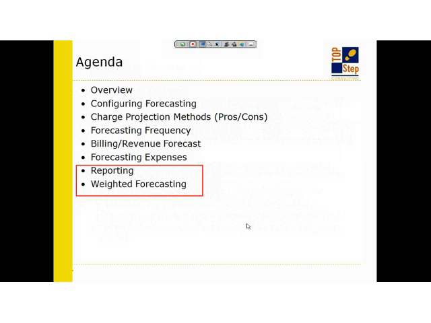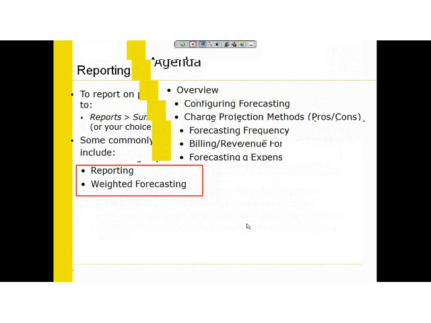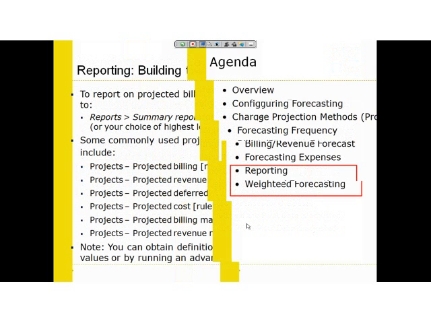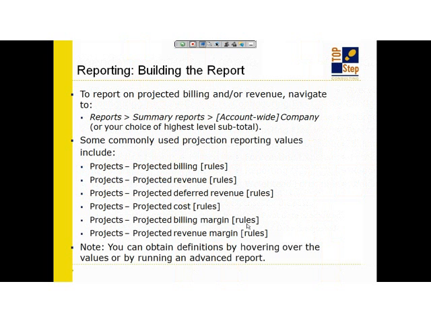So that brings us to reporting and weighted forecasting. So reporting, we touched on the values that you should be using in the system at the beginning of the presentation. But here you can see the projected values, all the different projected values you can have. And a lot of them have that quote-unquote rules in parentheses afterwards. So the rules tell you that it's using those billing and revenue recognition rules to do that forecast.